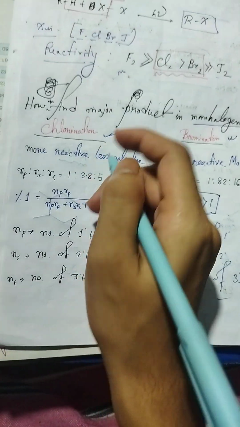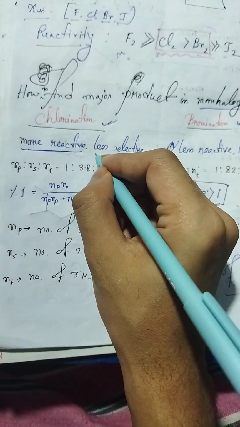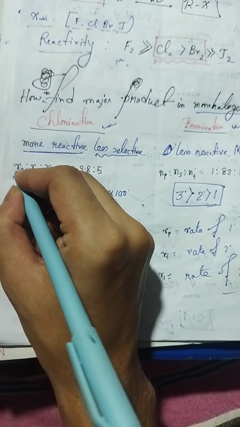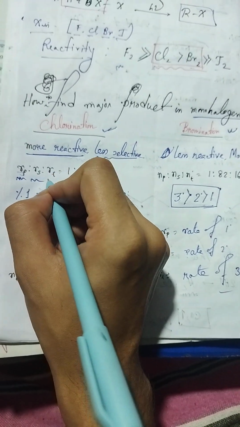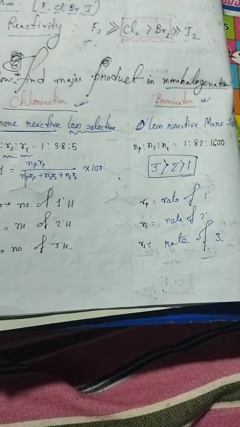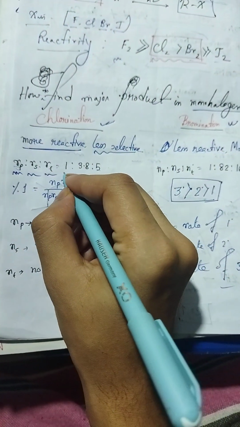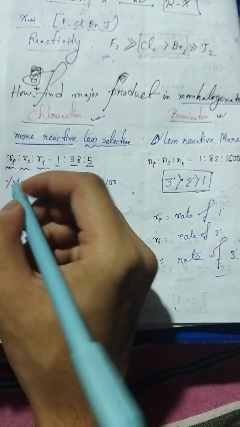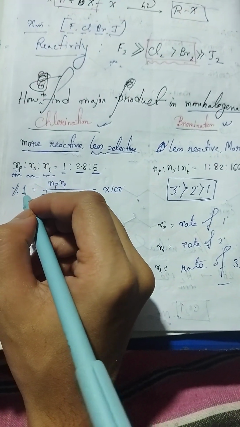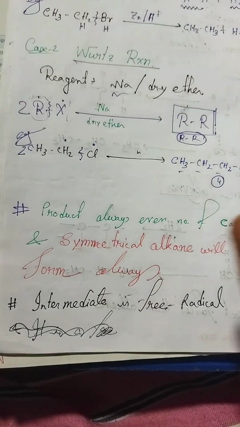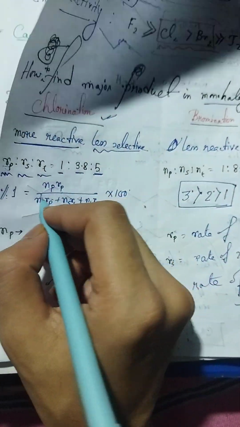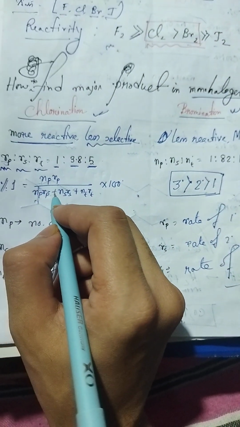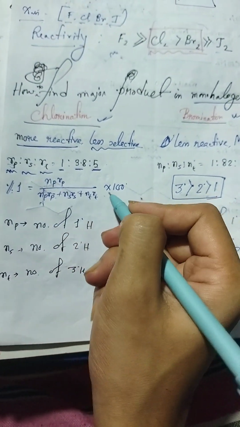Now first talk about chlorination. Chlorination is the most reactive and less selective. The rate of primary, rate of secondary and rate of tertiary is 1:3.8:5. If the percentage of 1 degree chlorination is needed, the formula is NpRp by (NpRp plus NsRs plus NtRt) into 100.